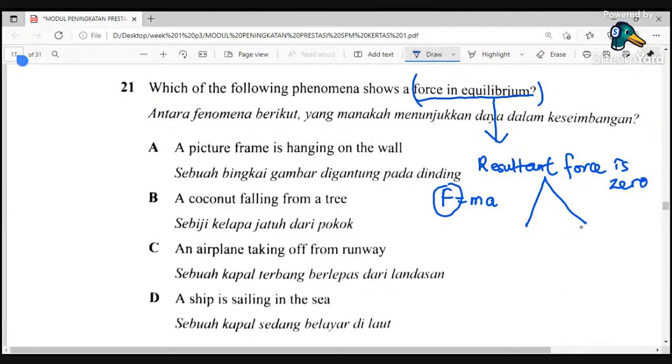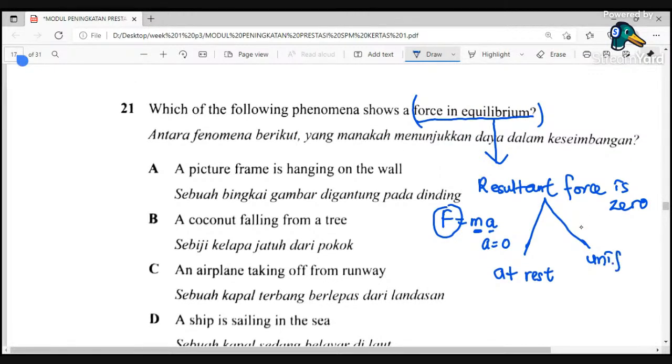For the same mass of the object, the resultant force will be 0 because mass cannot be 0. Resultant force being 0 means a equals 0. When a equals 0, we can refer to two situations: either the object is at rest or at uniform velocity, ataupun constant velocity, laju seragam.